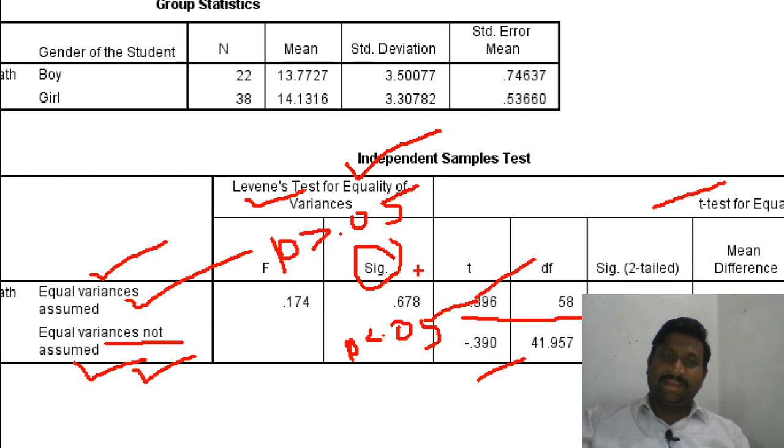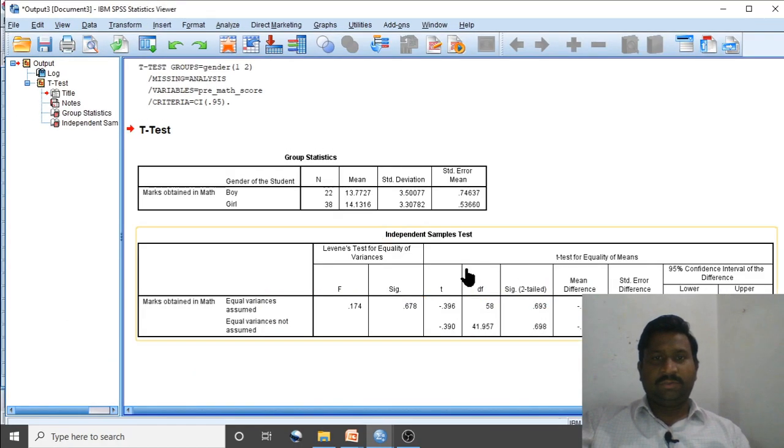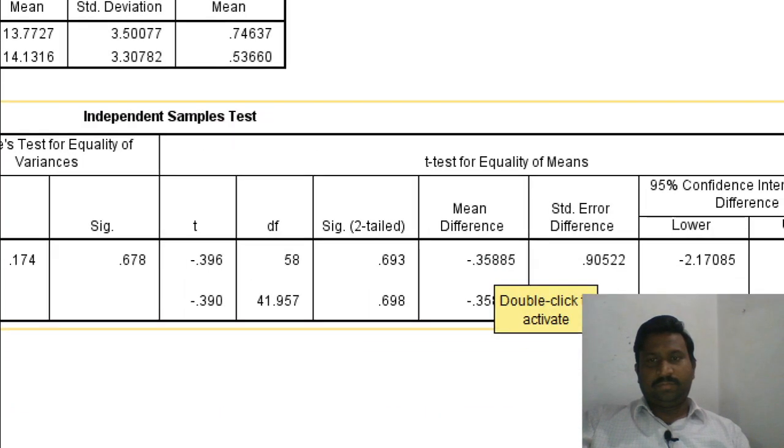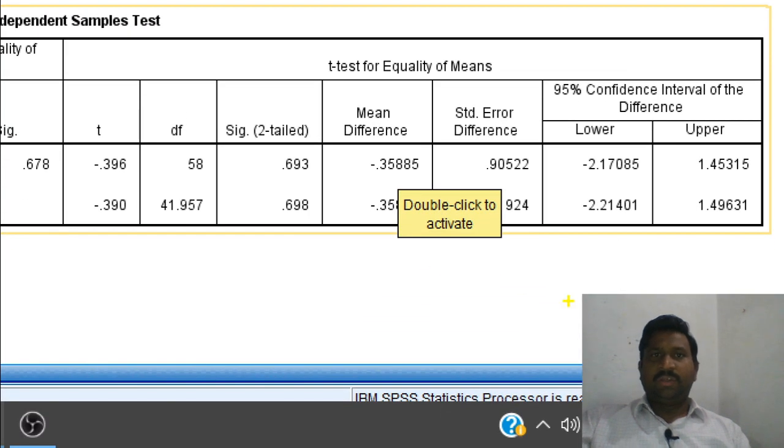So here I can see p is greater than 0.05, so equal variance is assumed. So we will see all the upper values of the t-test. Okay, now go to the second part of the t-test. This is the second part of the t-test.